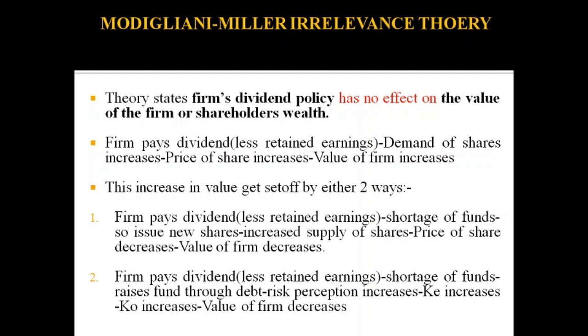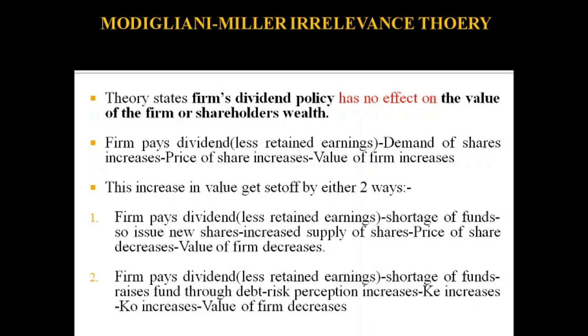If they consider debt for raising funds, definitely the risk perception of the shareholders will increase. As a result, the cost of equity will increase. As a result, the overall cost of capital K0 will increase, and that will lead to a decrease in the value of the firm.